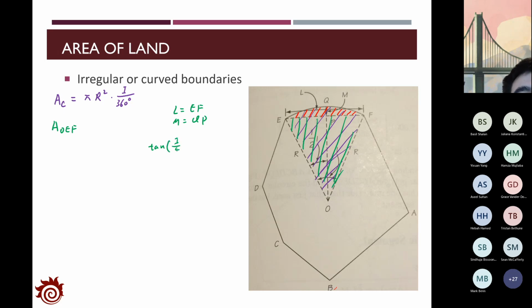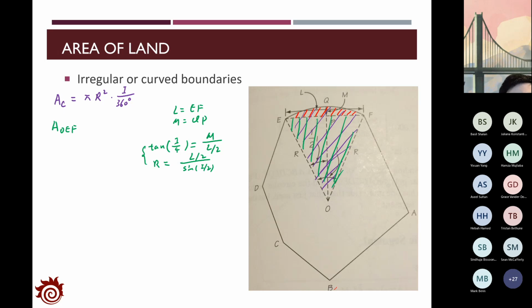Basically, we have the tangent of a quarter of the interior angle I would be M divided by half of L. And also we can find out the relationship between R and L, which will be R equals half L divided by sine half I. So those are the two formulas we can derive.